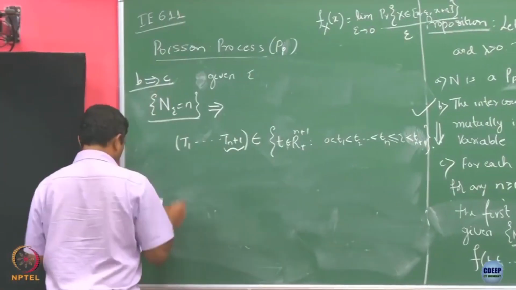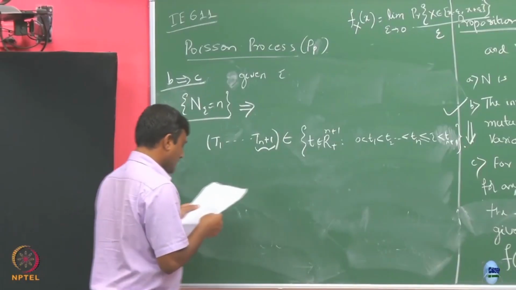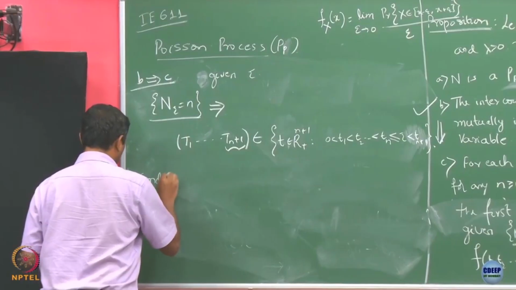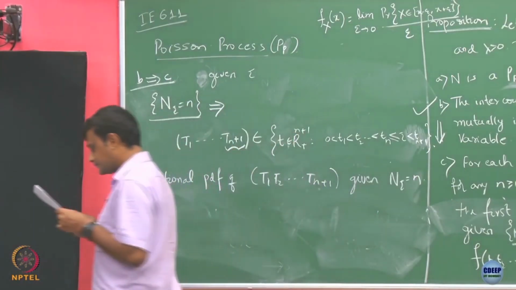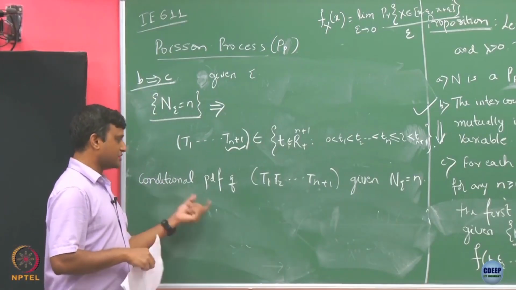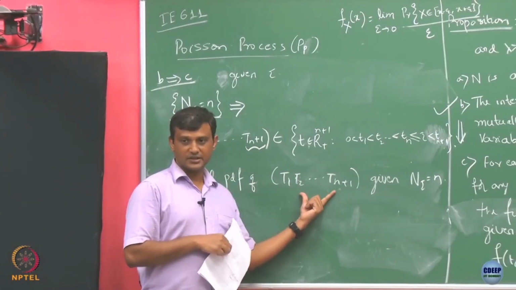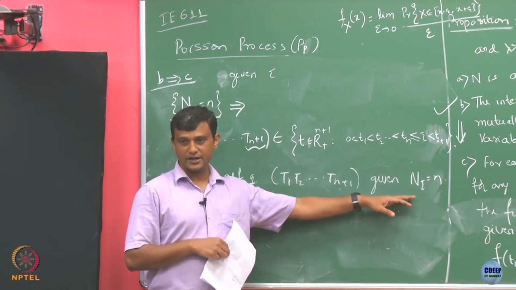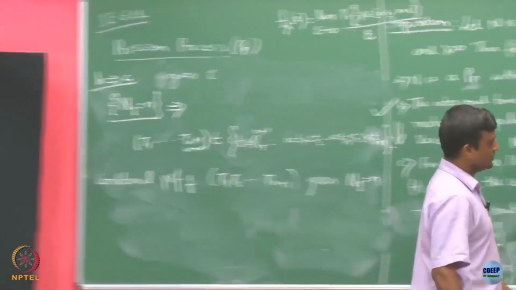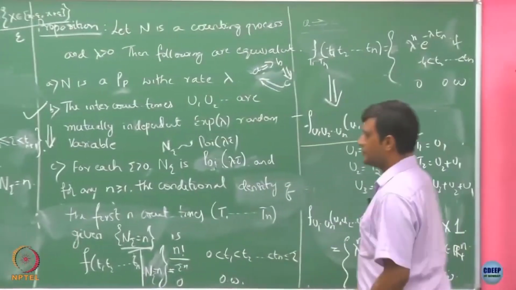Now let's try to find out the conditional PDF. So how am I going to obtain this? I want to find the conditional PDF of this set of random variables given N tau equals n. So how am I going to leverage the things that I already know?